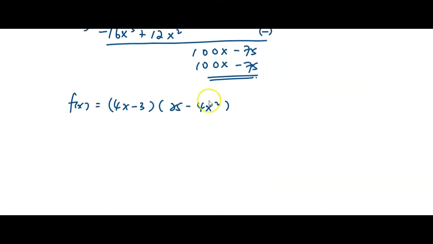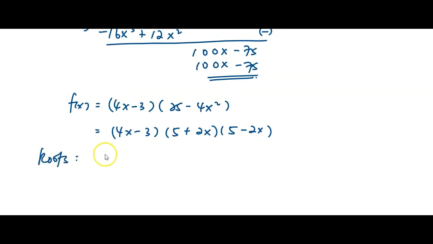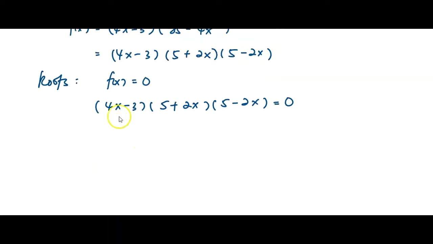And actually this can be factorized very easily, as (5 plus 2x)(5 minus 2x). To sketch the graph, we let f(x) equal 0 and solve the equation. I have x equals 3 over 4, x equals -5 over 2, and x equals 5 over 2.